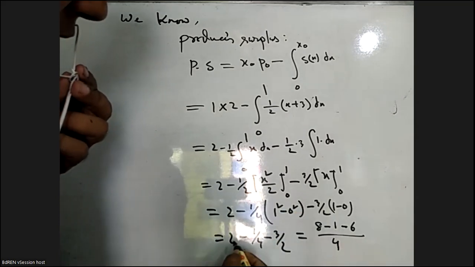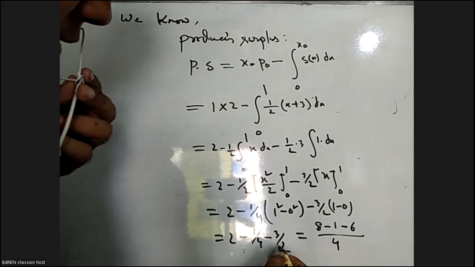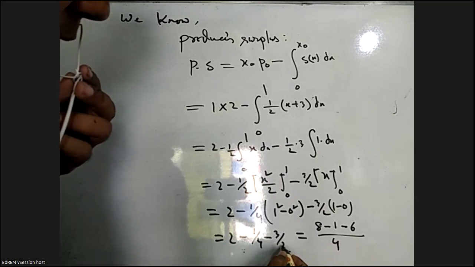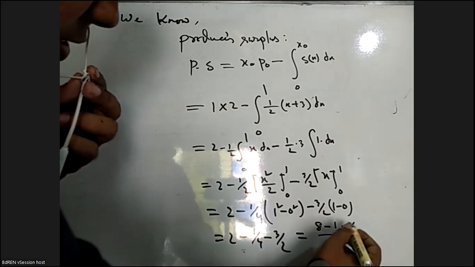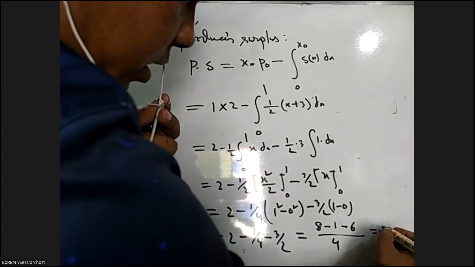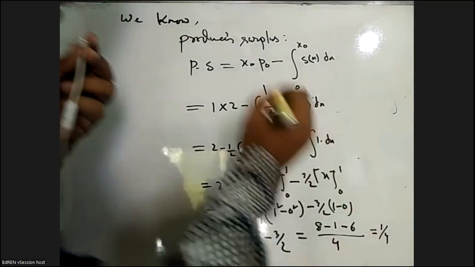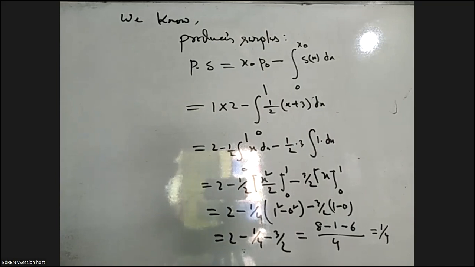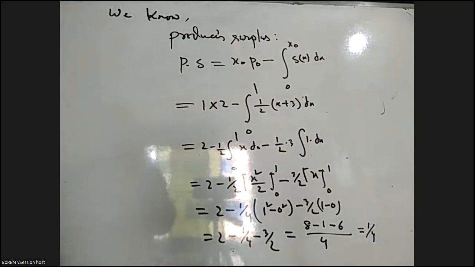Taking LCM 4, we get 8 minus 1 minus 6 divided by 4. So we get easily 1 by 4. So the producer surplus is 1 by 4 for the third problem.